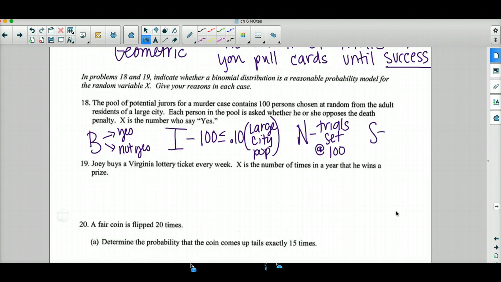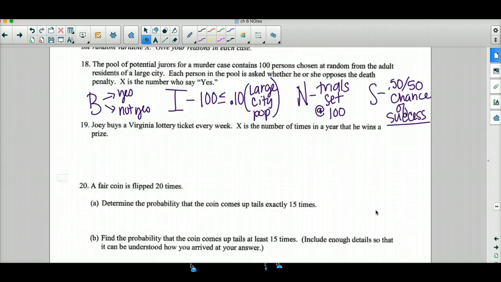We have to assume yes. What's a probability that you will say yes? Any person in this room? 50-50. So you have a 50-50 chance of success every time. Right? I don't know what the true world population thinks, but I would say yes, this is a nice binomial question. You have a 0.5 chance of yes or no.